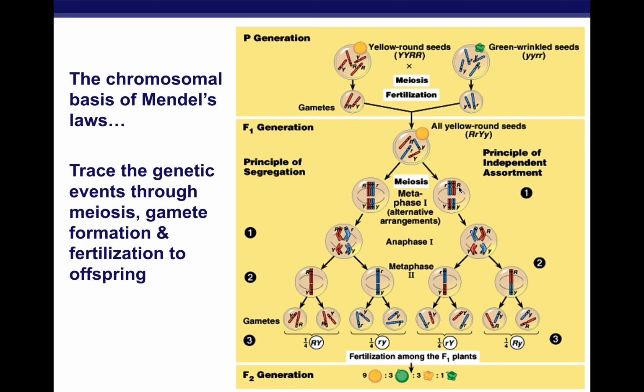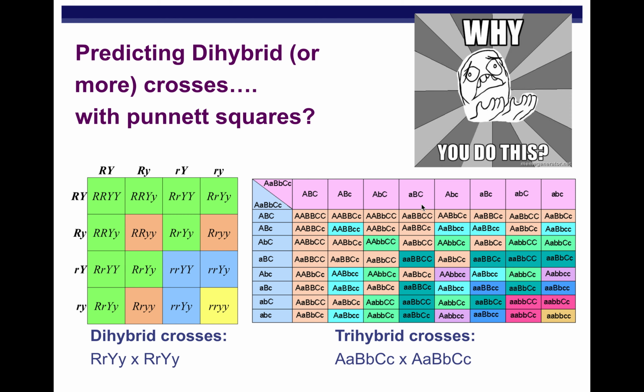And the reason why you get big R to combine with little y or big R to combine with big Y, again, has everything to do with how they randomly aligned at metaphase 1. All right? So just be aware that all those Mendel laws that affect genetics are essentially due to what we learned originally with meiosis. But either way, let's go into how we do these problem solvings.